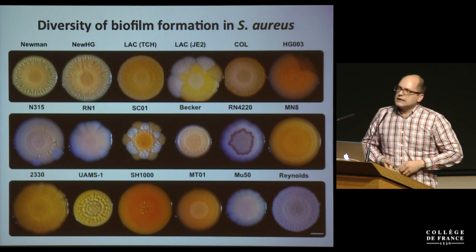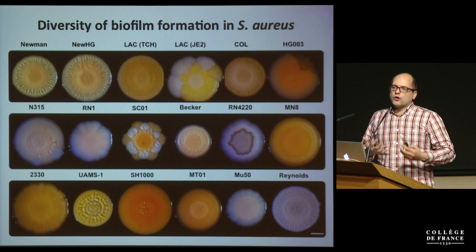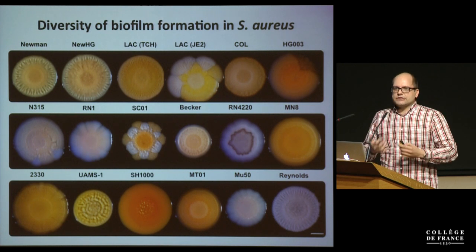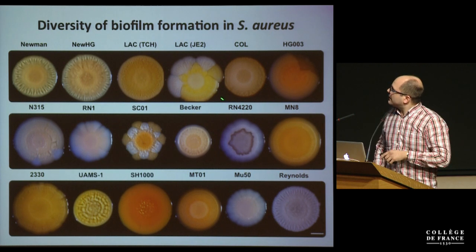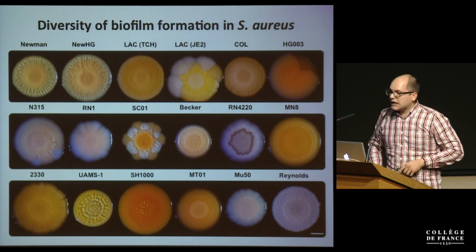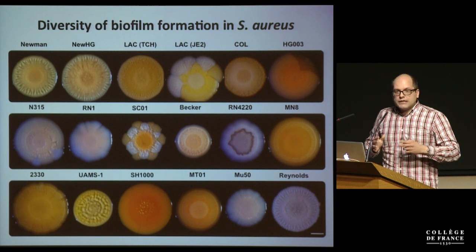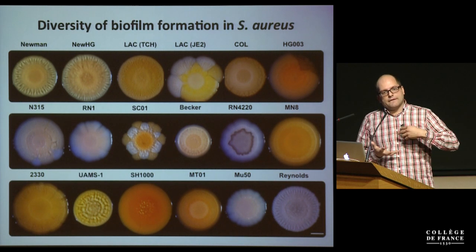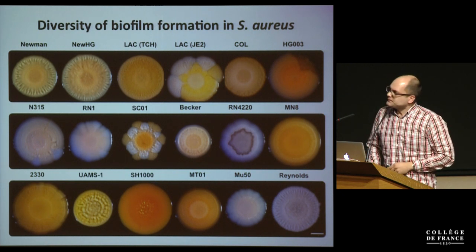But the strains that respond more to the presence of magnesium develop this sectoring phenotype that Kevin Foster was showing at the beginning today. Normally, those are the strains that are more sensitive to magnesium in the medium.